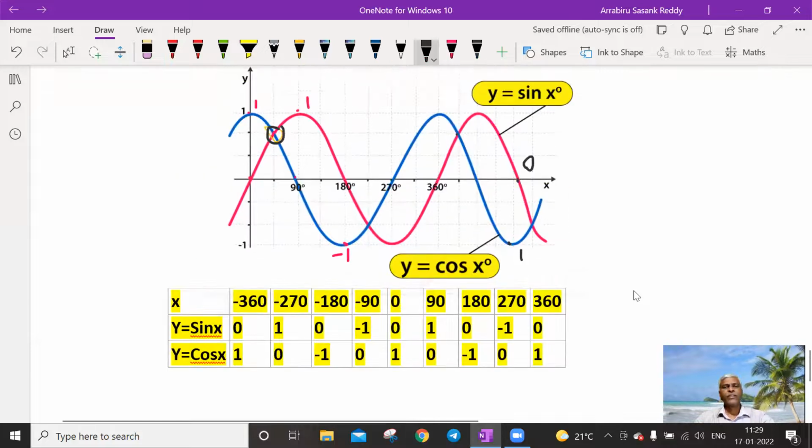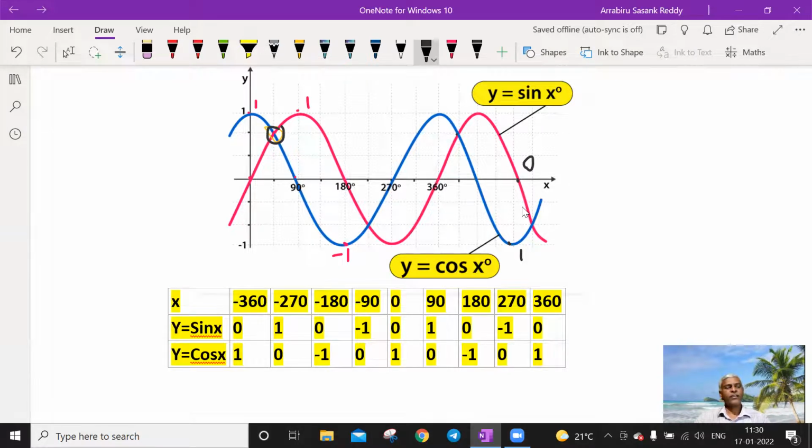So in this way, you can draw sine, cos, or any graph. First, you write down the table, then mark the points on the graph paper, then join them. You will get the required graph of a trigonometric function.